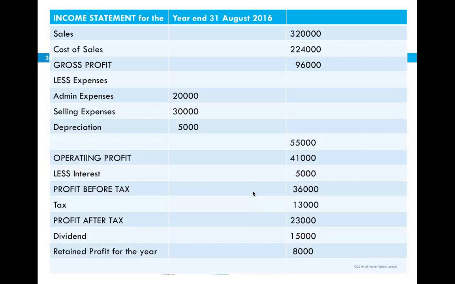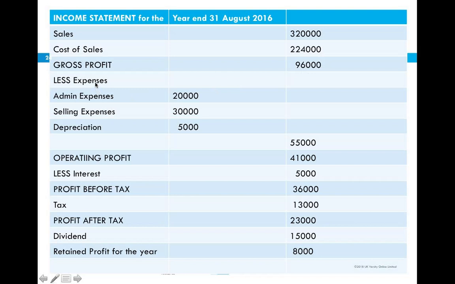Let's see one example of an income statement. Here is the example, with the year end 31 August 2016. We have a gross profit: when the cost of goods sold is deducted from the sales, we get gross profit.